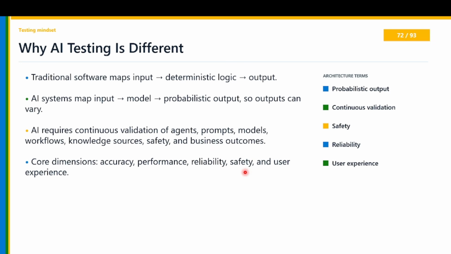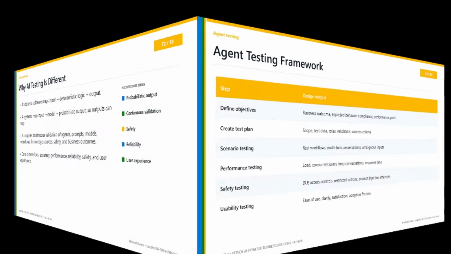Then how safe is the agent using guardrail and compliance, Microsoft Purview, Microsoft Defender, and collecting telemetry log from Azure Monitor. And user experience. So are users or business owners adopting the agent and using it securely? So all these are testing dimensions that you should have in mind, as an architect.